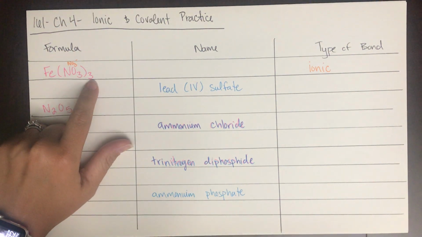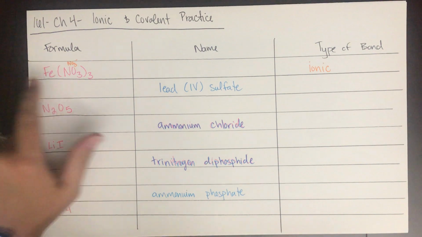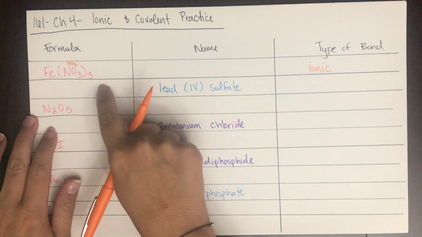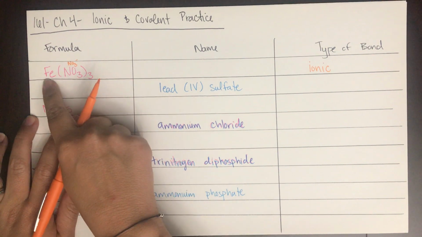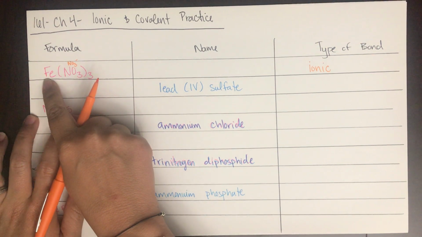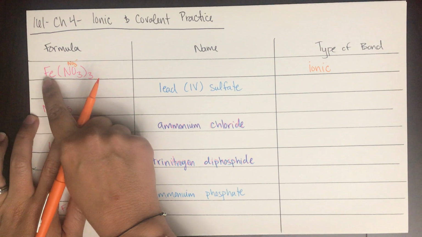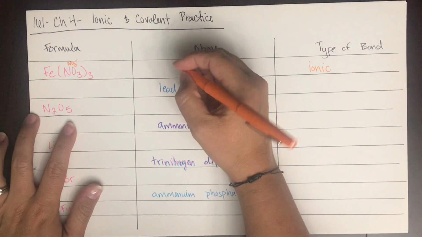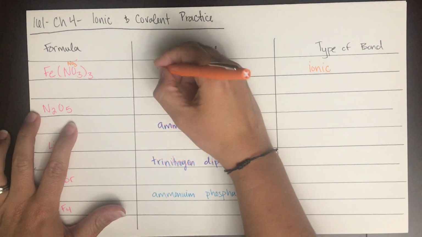And I know that I needed 3 of them to balance this iron. So if this has a charge of -1 and I needed 3 to balance them, this must be iron 3, because I would need 3 positives to balance these 3 negatives. So that means this is iron 3 nitrate.